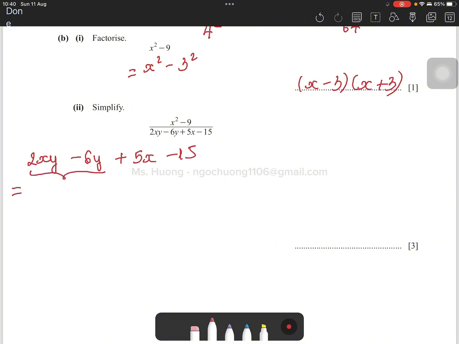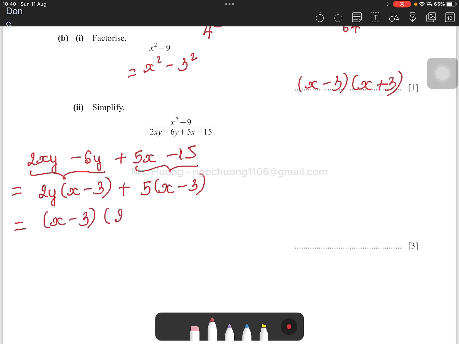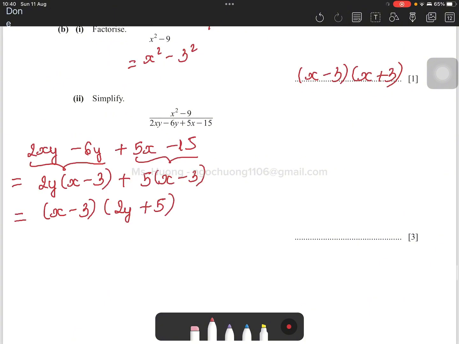For the first pair, the common factor is 2y, and then we have x minus 3 left. For the second pair, the common factor is 5, and then we have x minus 3 left in the brackets. Now the new common factor is x minus 3, and we have 2y plus 5 left. So that's how we factorize the denominator.